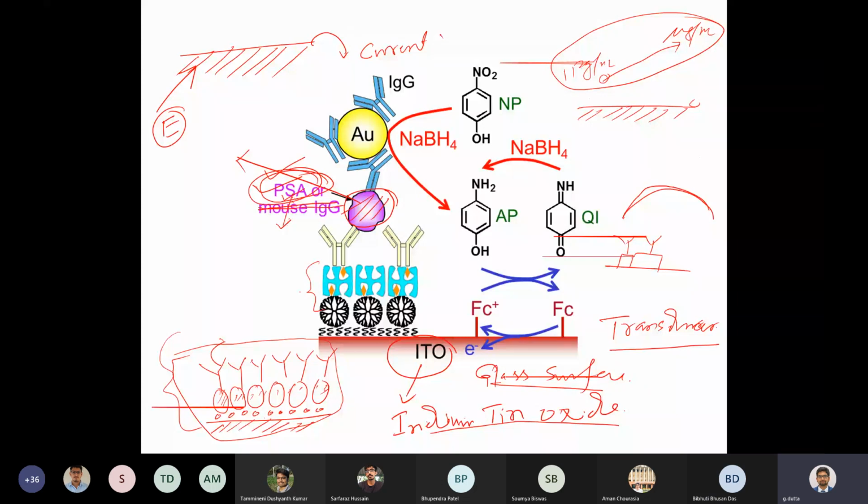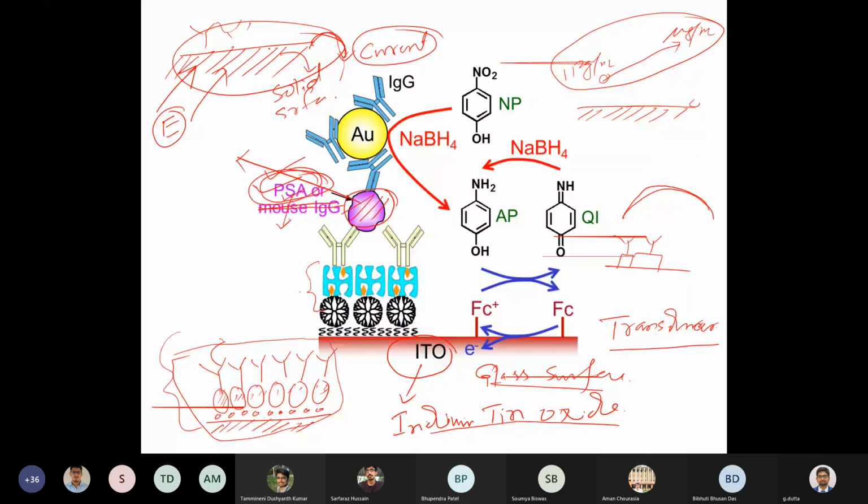So what is the transducer? The transducer is a surface where we are working. We immobilize the materials, apply some potential, and get the output with the help of this solid surface. So this solid surface is called the transducer.